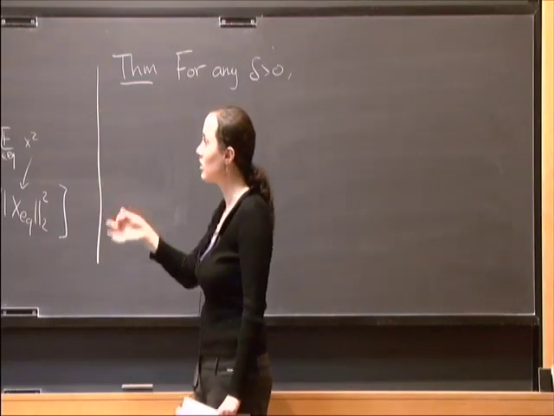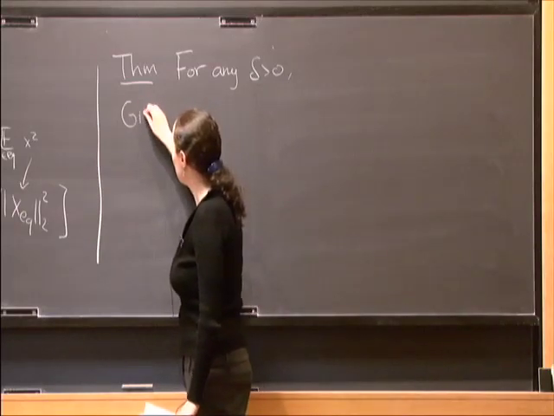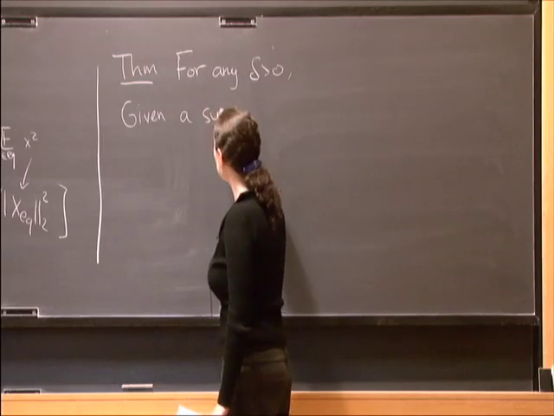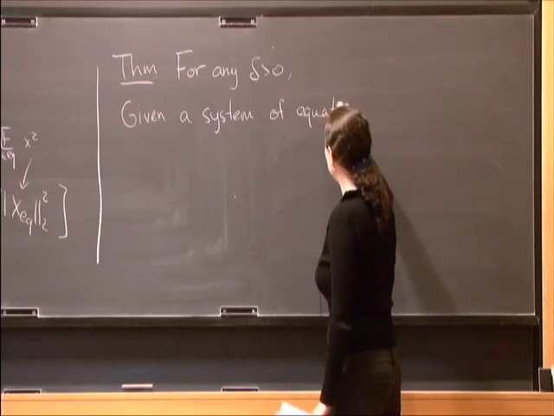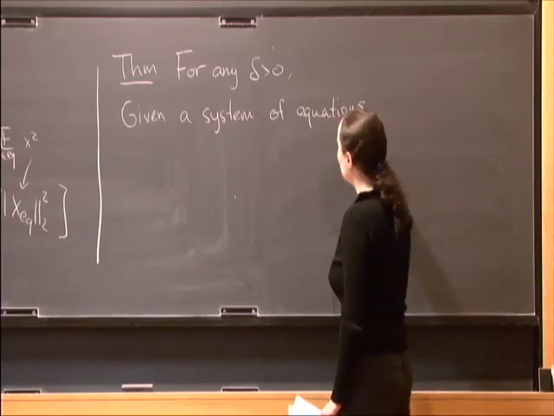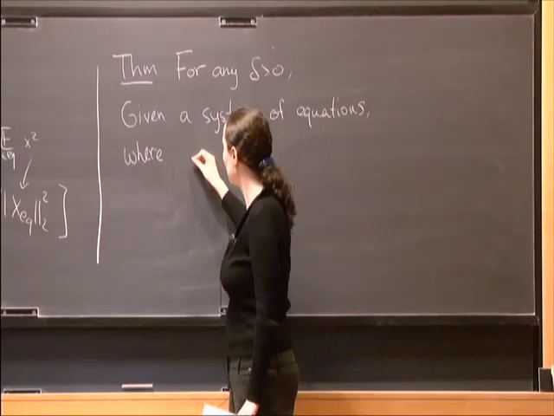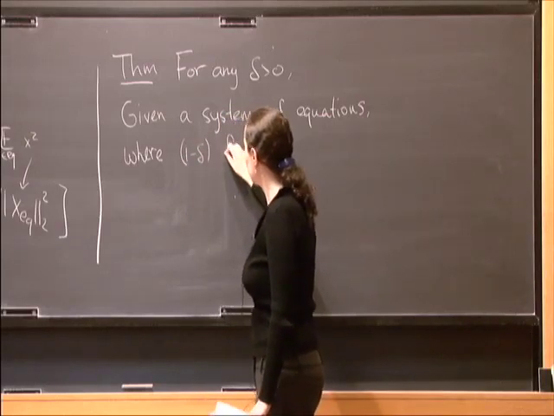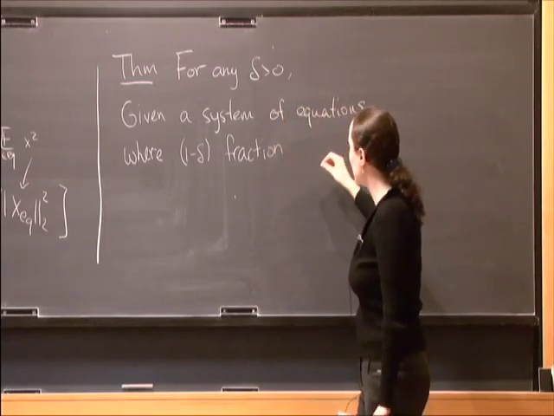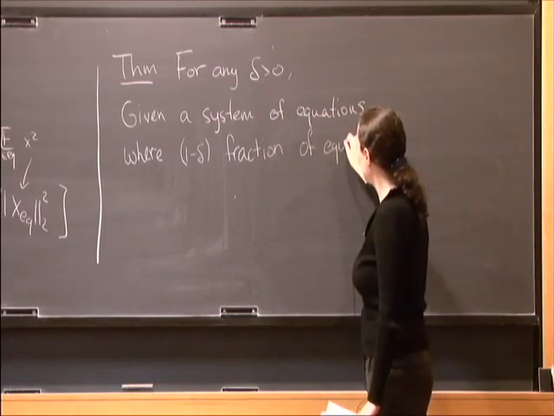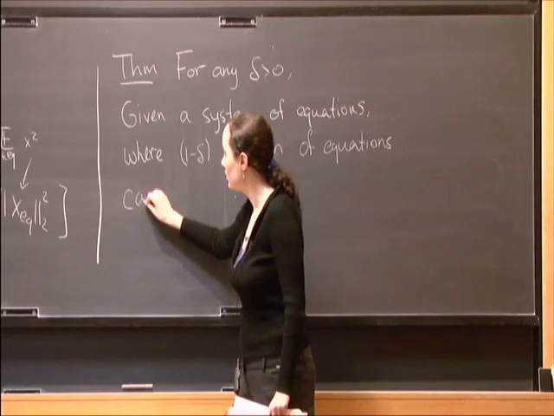Suppose that you're an algorithm and you're given a system of equations where you can satisfy almost everything, where a 1 minus delta fraction of equations can be exactly satisfied.